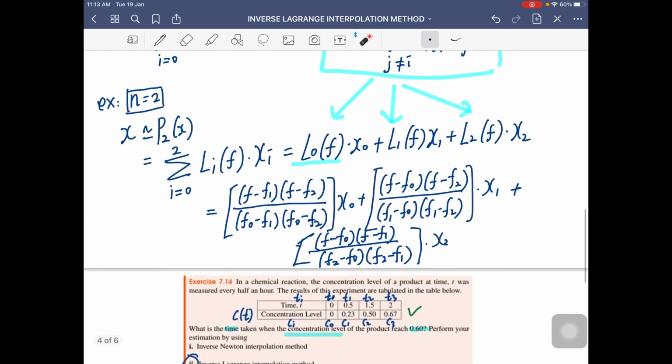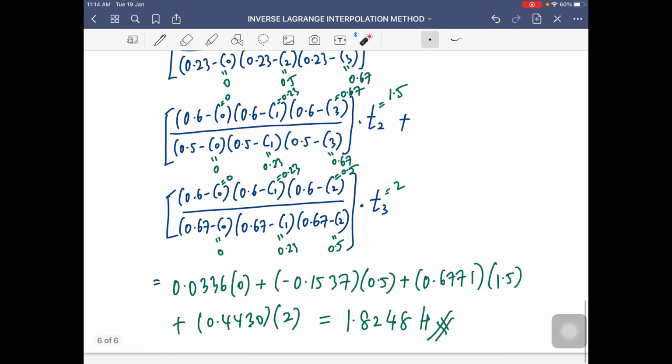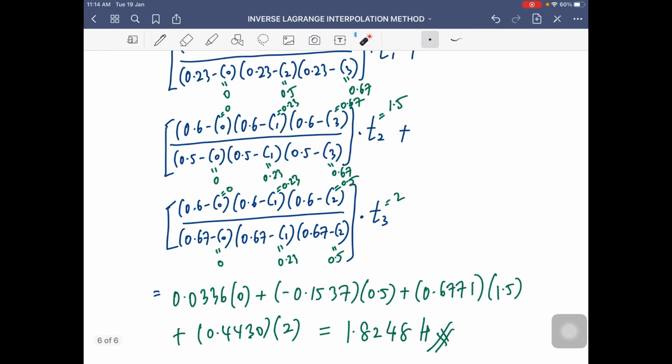All right, so again, as I told you, it's somewhere here, because 0.6 is somewhere between these two data points. Since concentration increases, the time also increases, so the estimate should be between 1.5 and 2 here, and then we obtain the reasonable result, 1.8248 hour.